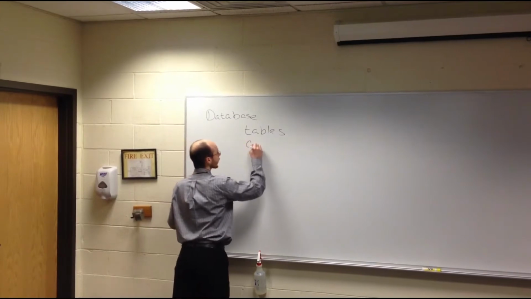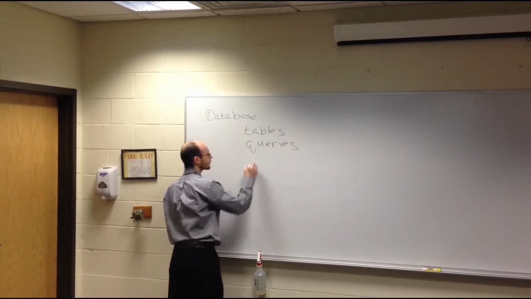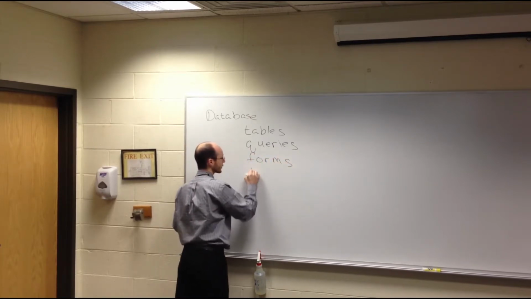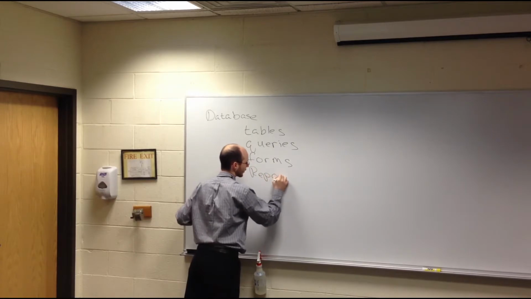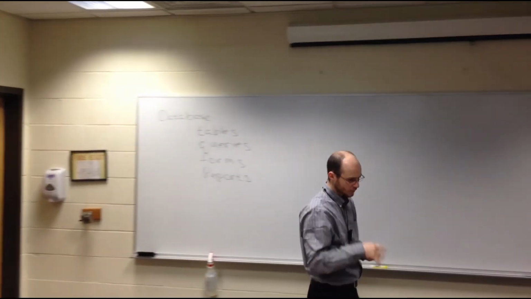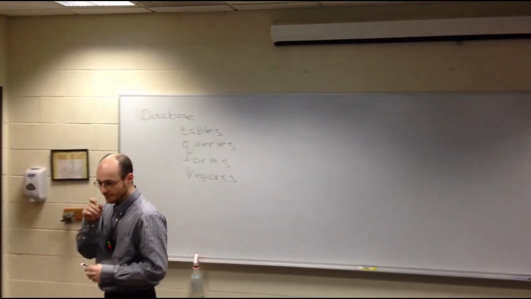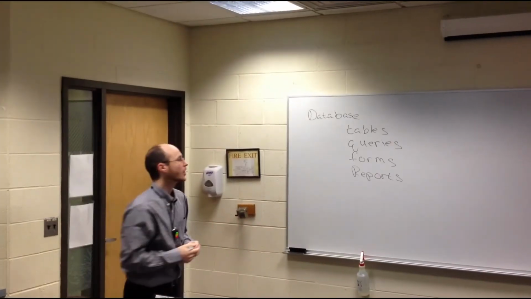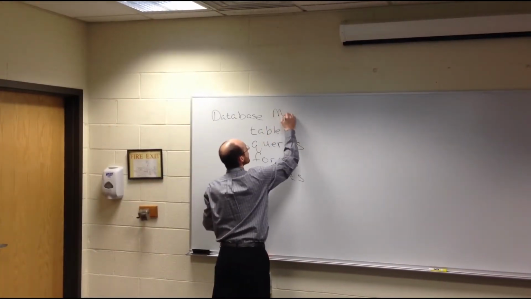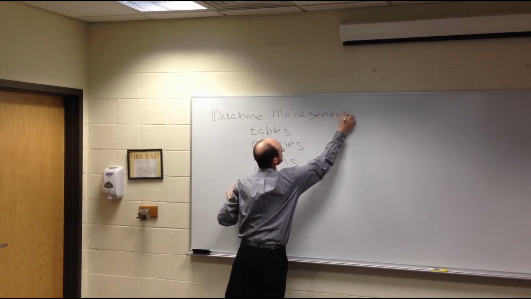Tables, queries, forms, and reports are the 4 major components of a common database. In fact, we usually call them database management systems.